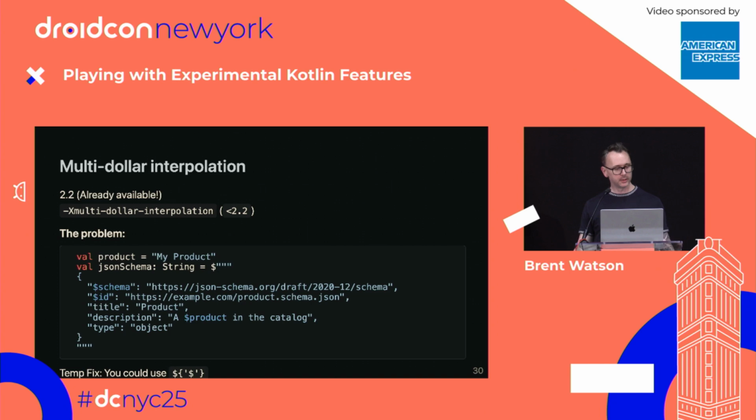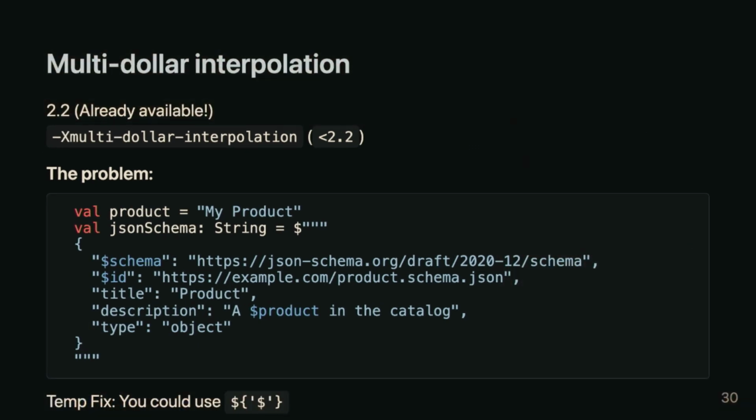Cool. So you might have seen these already. Like I said, they're now in 2.2. So even if you're using 2.1 or 2.0, you can turn them on. It's very, very safe to turn these on. So, multi-dollar interpolation. The issue that was in Kotlin before this was, you can see in this multi-line string that I have this $schema, $id.